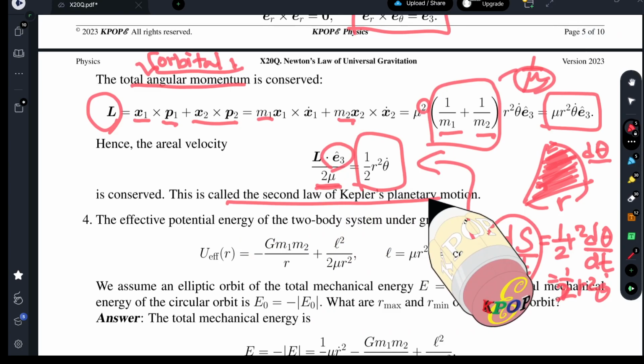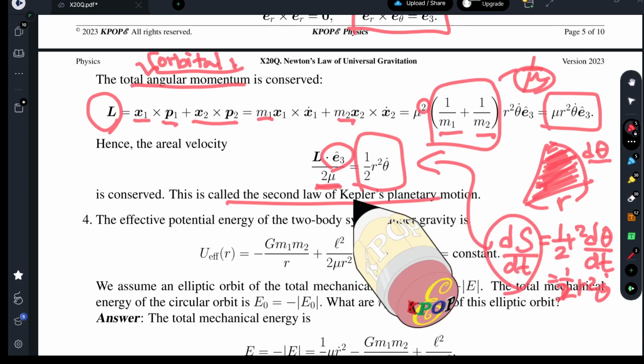Next, we consider Newton's first law, which states that for a two-body system under gravitational force, if the total mechanical energy is negative, then its orbit is an ellipse. And the circle is a special case of an ellipse.